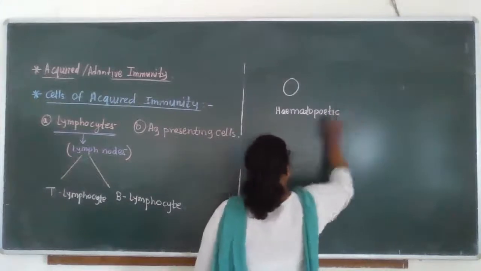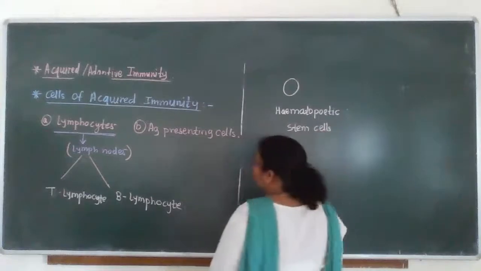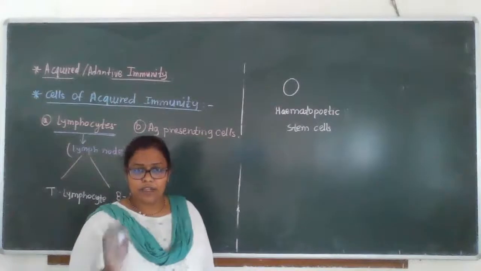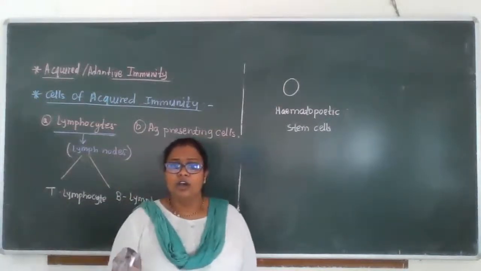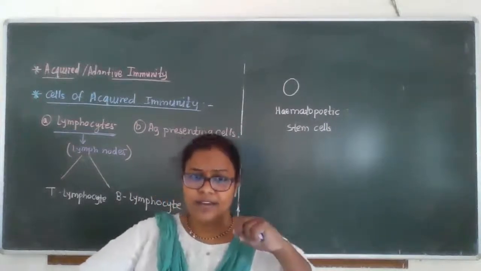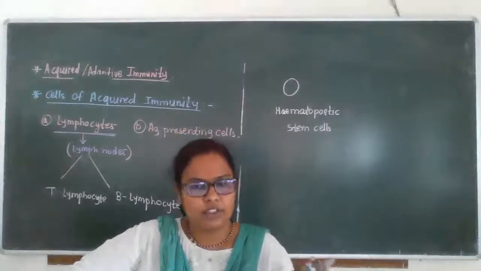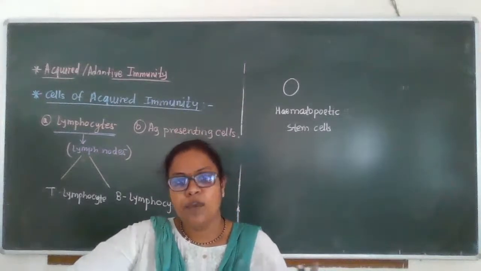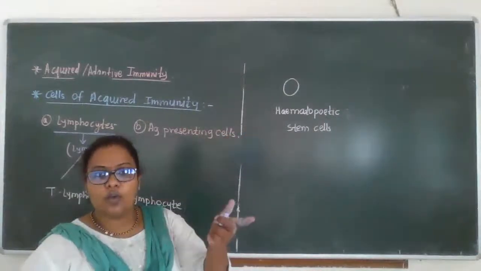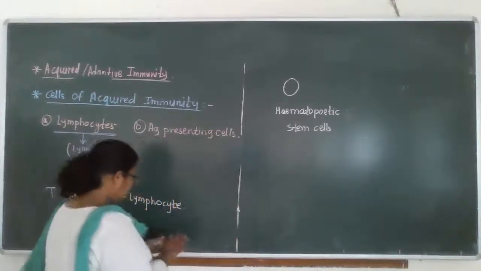As you know, stem cells are dedifferentiated cells, meaning cells which can form any type of cell are called stem cells. So these are hematopoietic stem cells, and they are present especially in the red bone marrow.